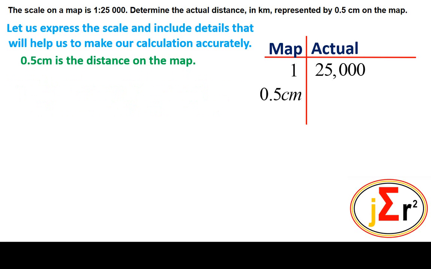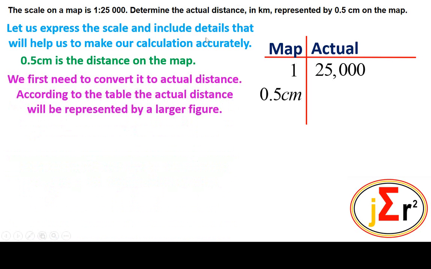So we have here distance on map and actual distance on this side of the table. So according to the map, the actual distance is very much larger. As a matter of fact, it is 25,000 to 1.